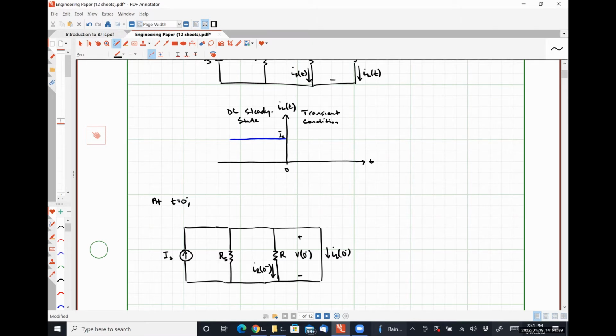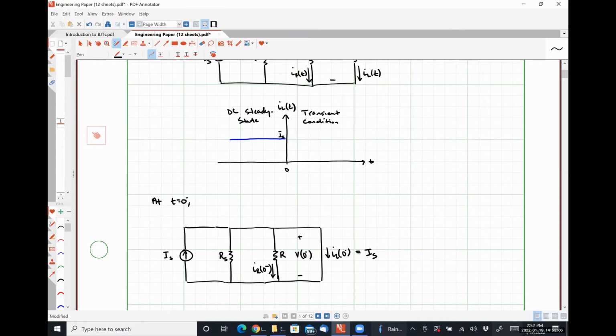So, Bradley, if the two resistors RS and R are shorted out, all of the current IS will flow through the short circuit that is representing the inductor in this DC circuit, which means that IL at 0 minus and all time prior to 0 minus would be exactly IS. Okay, everybody okay with that?